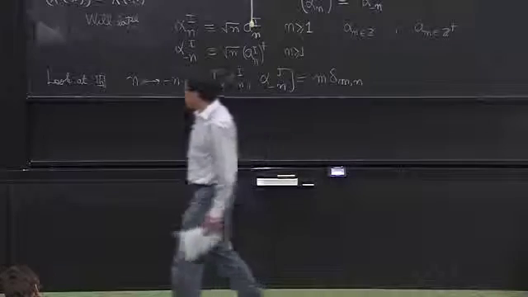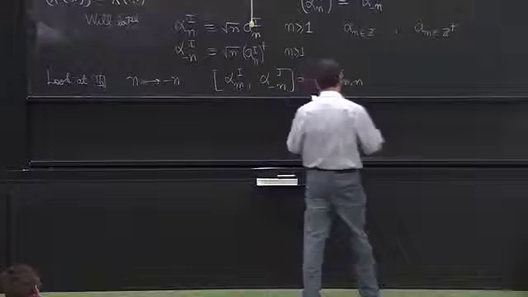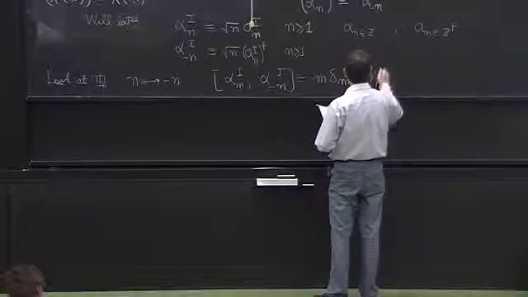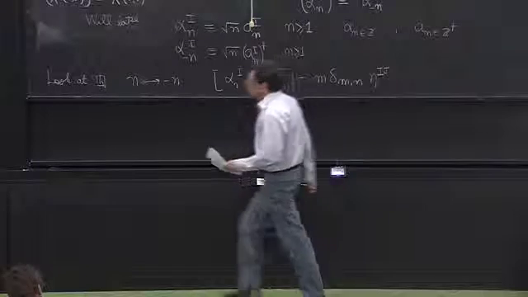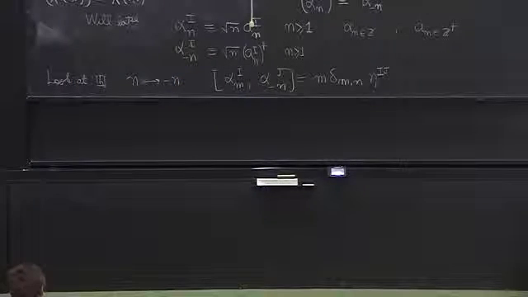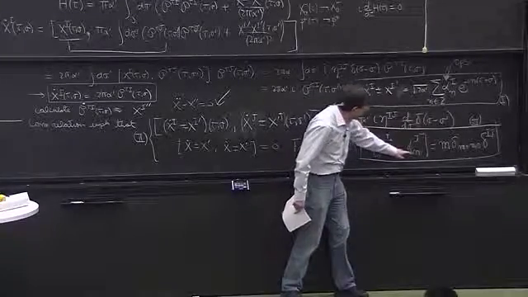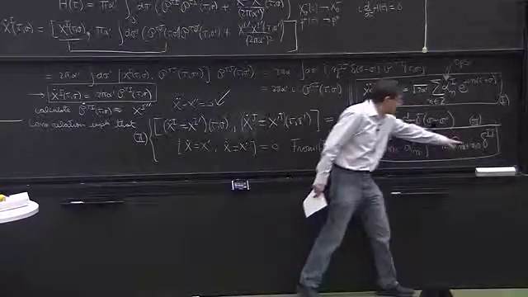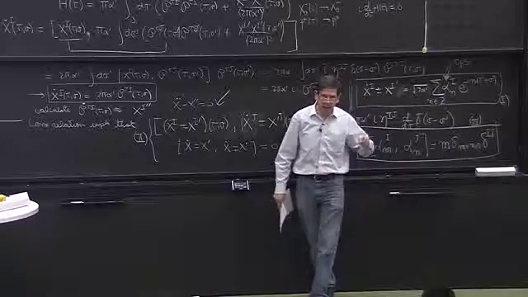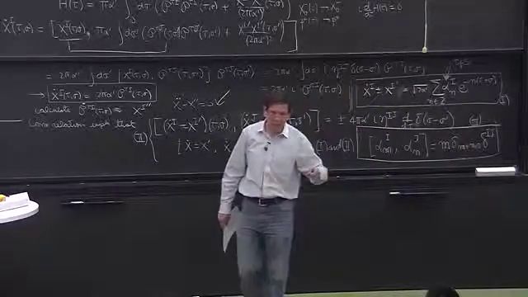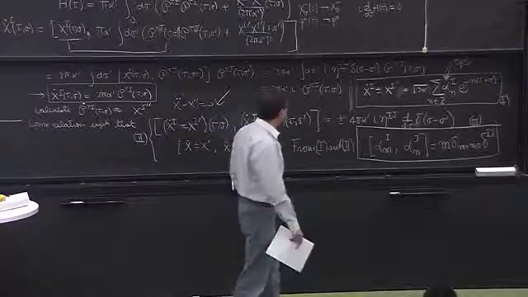Now, this is something I didn't say much, so let me say a little bit. Here, these two operators commute unless the sum of m and n is 0. So only if m is equal to minus n, you get some number on the right-hand side.